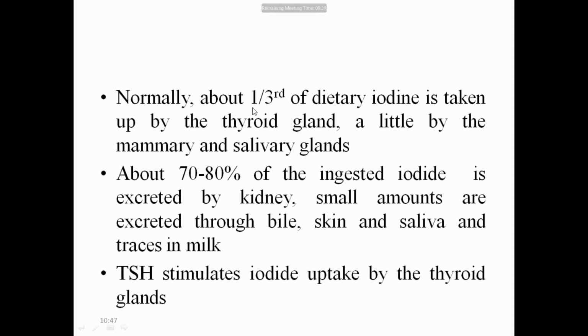Because of that, the iodine content of the urine is the best marker for the iodine content of the body. About 70 to 80% of ingested iodine is excreted by the kidney. Small amounts are also excreted through bile, skin, and saliva.